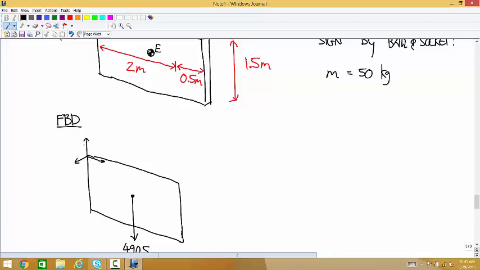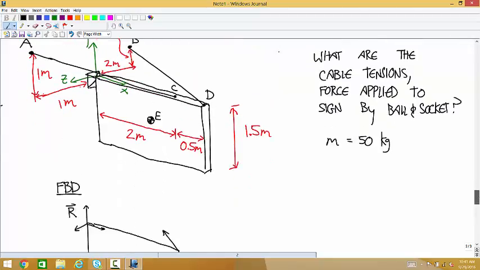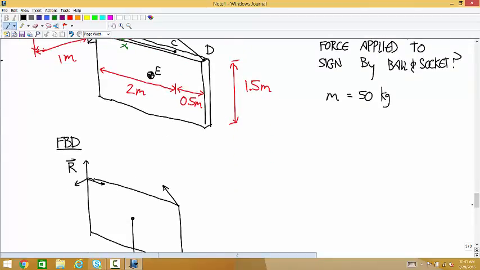I'll just draw unit vectors in the axis directions, and I'll write this as R. And then there are 2 separate cables. So there's a cable force going this way that I'll call TB, the cable going to B, and then one here going to A.